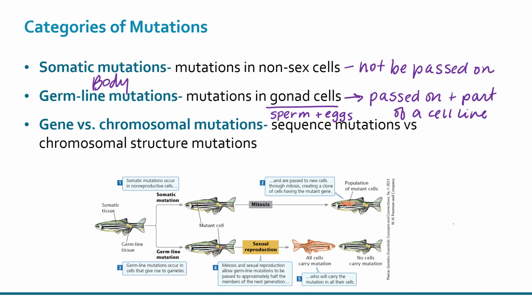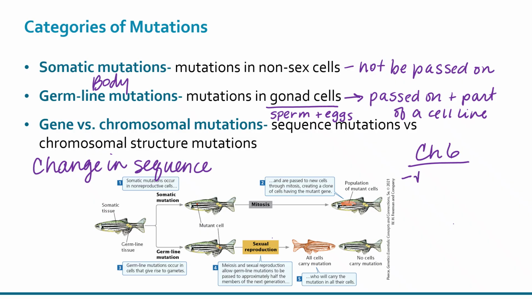In this chapter, we're mostly going to focus on gene mutations. A gene mutation is a sequence mutation, so a change in the sequence of a gene. And this is in contrast to a structural mutation. We talked about structural mutations in chapter 6.